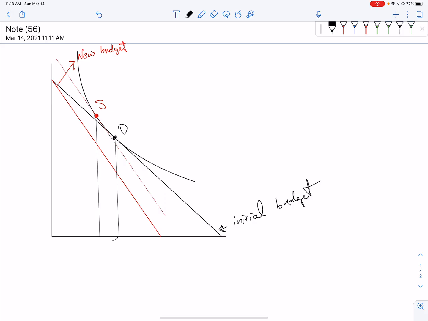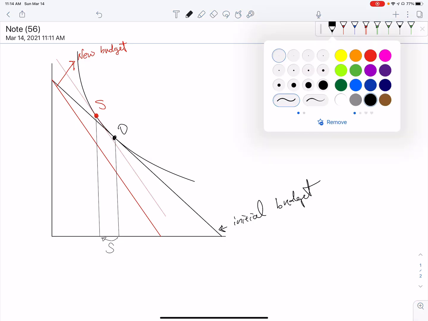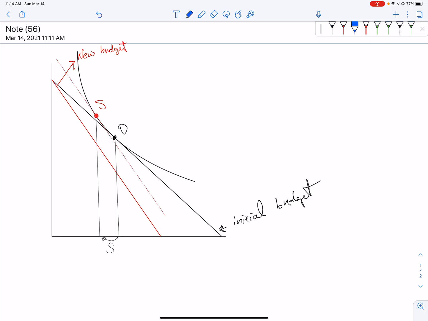And the income effect is, all right, so if the new optimal decision is somewhere here, then X1 is a normal good, and if the new optimal decision is somewhere here, that means X1 is an inferior good.